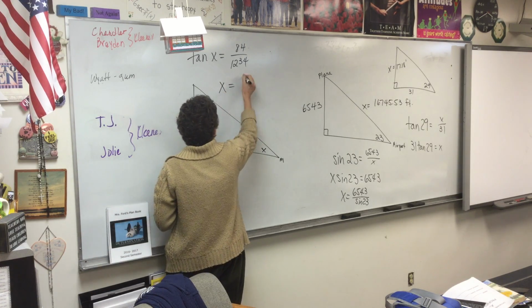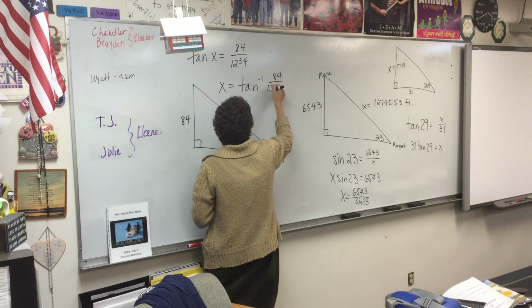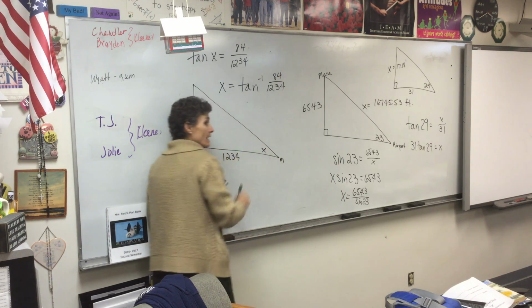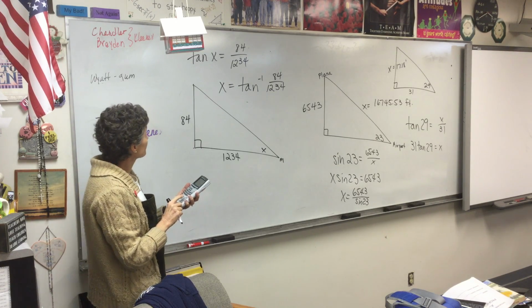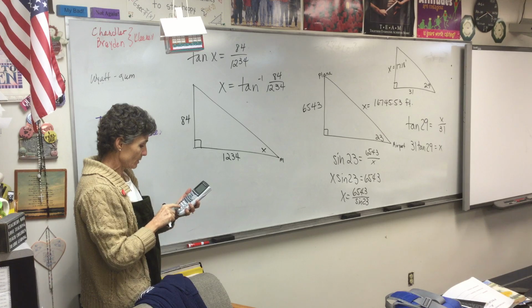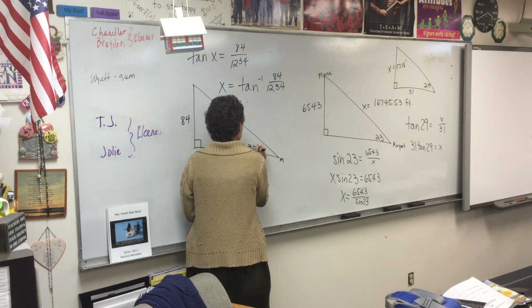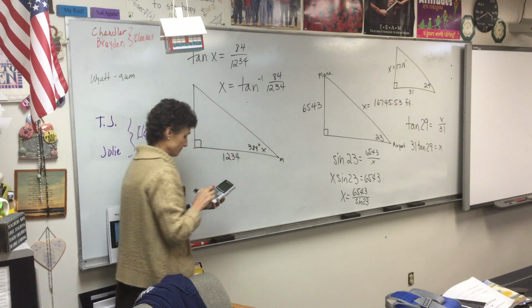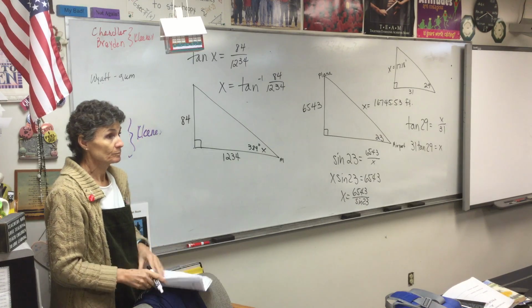This is special. When is it special? When you're looking for an angle, when x is the angle. So second tangent, 84 divided by 1,234. Ooh, I got a little angle, 3.89 degrees.